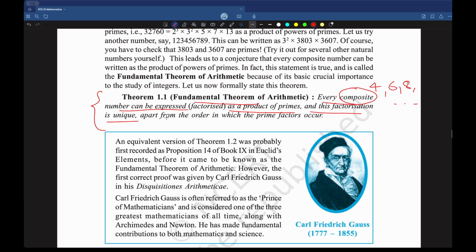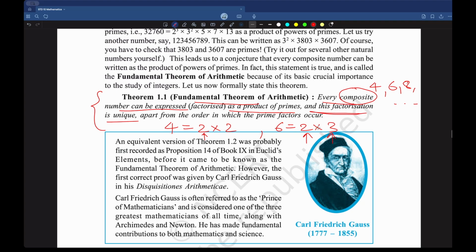The composite number can be expressed as a product of primes, that is 4 can be expressed as a product of primes, that is 2 into 2, where 2 is a prime number. 6 can be expressed as a product of primes, that is 2 into 3, where 2 and 3 are prime numbers.